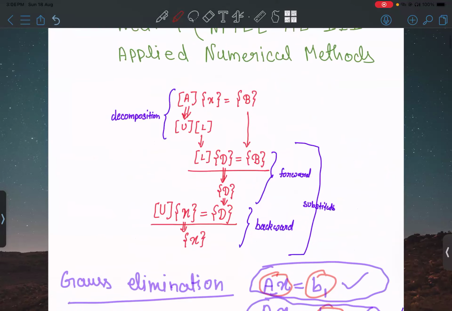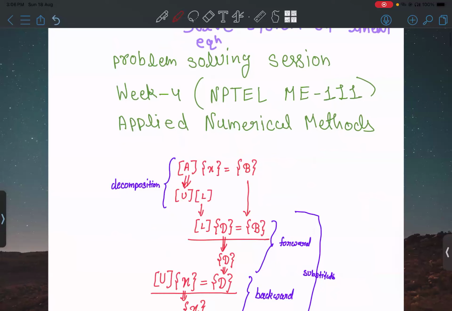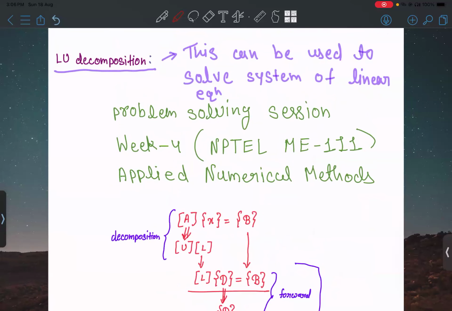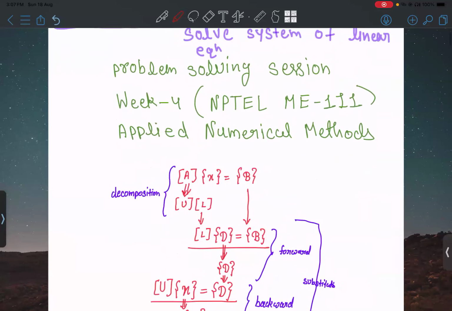That we can do by using the LU decomposition method. This method is very beneficial when we solve systems of linear equations such that for a particular A there are many B's, meaning AX equal to B1, and a different system AX equal to B2. If we want to solve both sets of systems of linear equations, then using LU decomposition will be very beneficial for us.